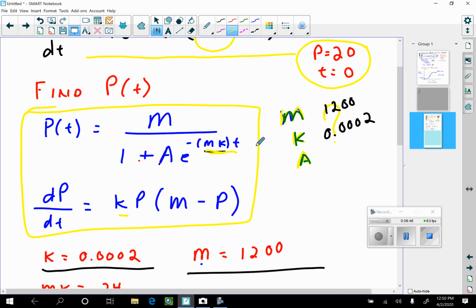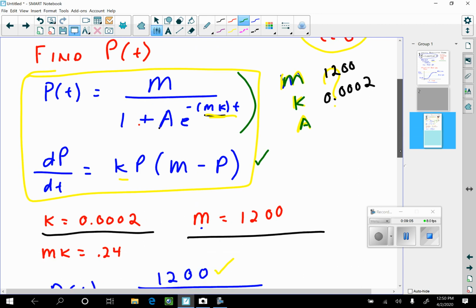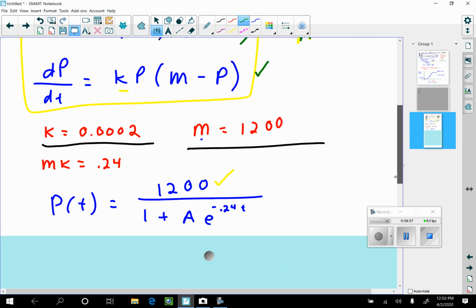That's the part that's confusing a lot of people, that the differential equation is a function of the population, not a function of t. And if I want to find the population as a function of t, this is what I'm doing currently. So now all I need to do is find A.